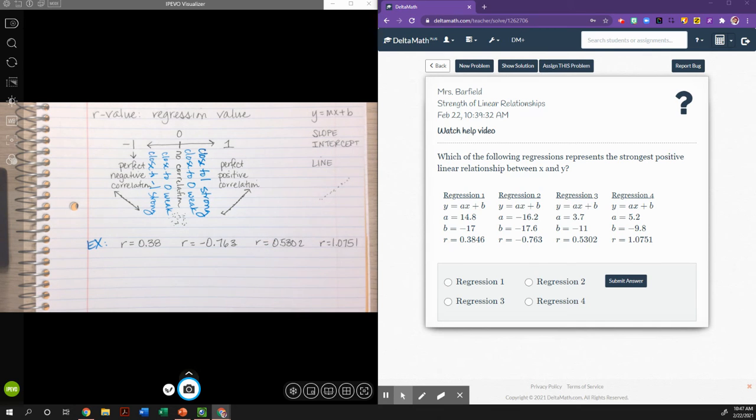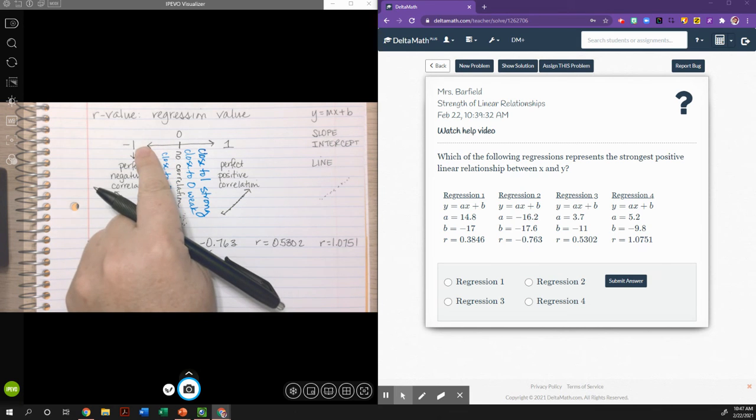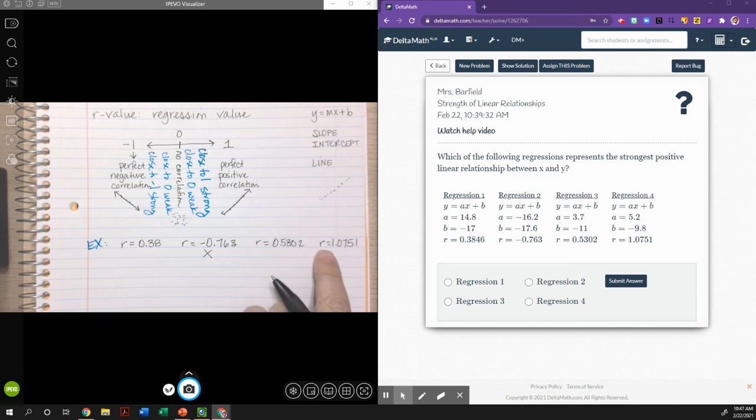It says which of the following represents strong, so I'm going to be close to 1, and positive. This one's out because it's negative, so I'm on this side of 0. My r value here is greater than 1, so that's out.